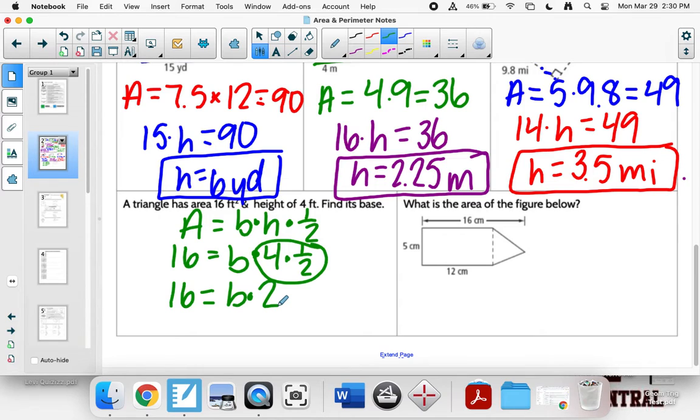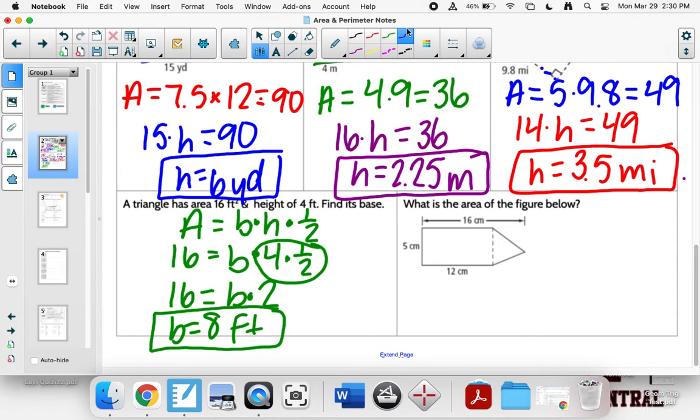So what's our base? 8 feet, right? So with some of these, you will have to use your formula to kind of work backwards and solve for our sides. Okay, last one.